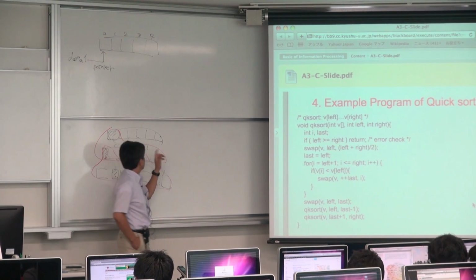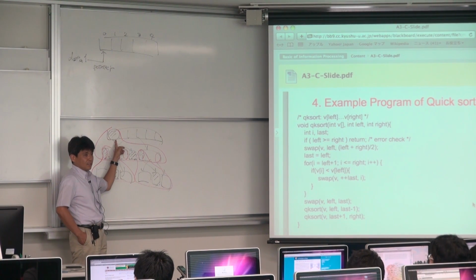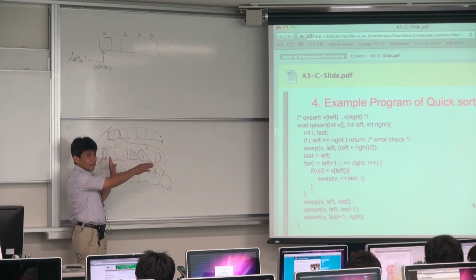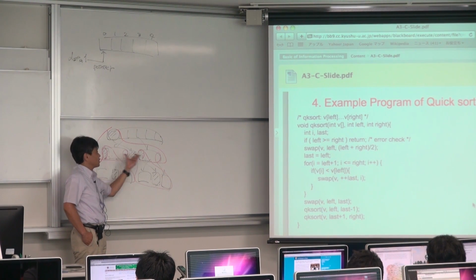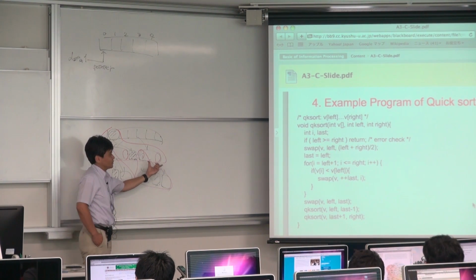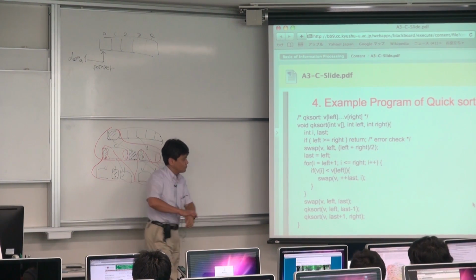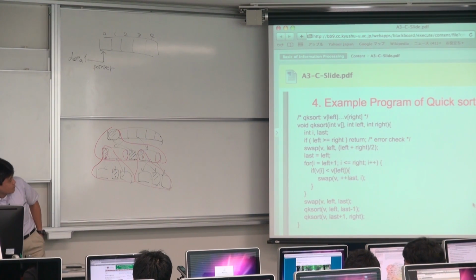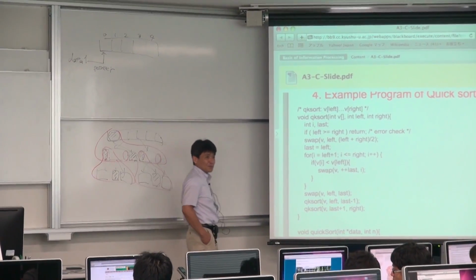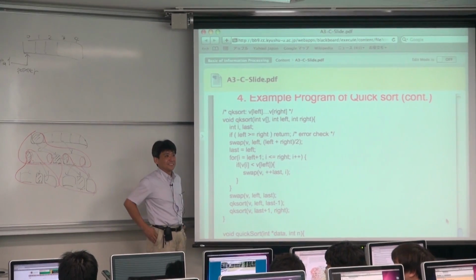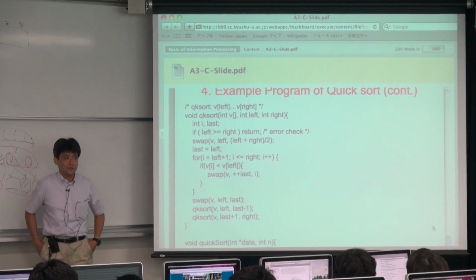Then compare each remaining data one by one with this data, and you can collect the larger part or the less than part using this part. So anyway, as I explained, it's better to check manually by yourself how this program will be executed.